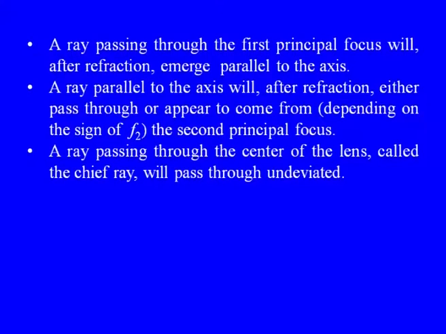A ray parallel to the axis will, after refraction, either pass through or appear to come from the second principal focus, depending on the sign of f2, that is, on whether the lens is a converging lens or a diverging lens. A ray passing through the center of the lens, called the chief ray, will pass through undeviated.